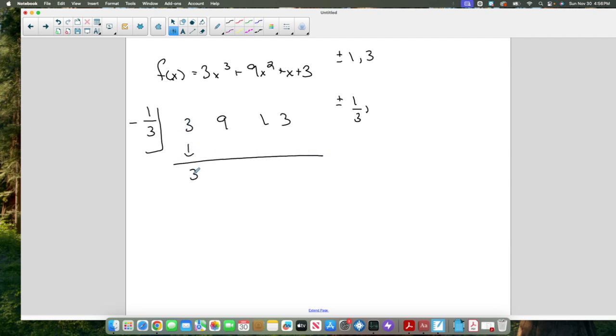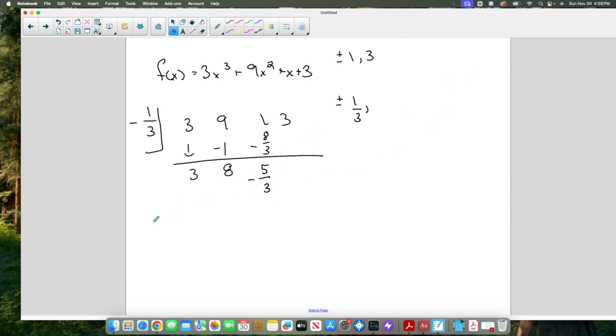All right, so it's 3 times, that gives me a negative 1. It gives me 8. Ooh, this is not going to be pretty. So that's basically negative 8 over 3. And then let's see here. That's going to be 5/3, and that doesn't work.